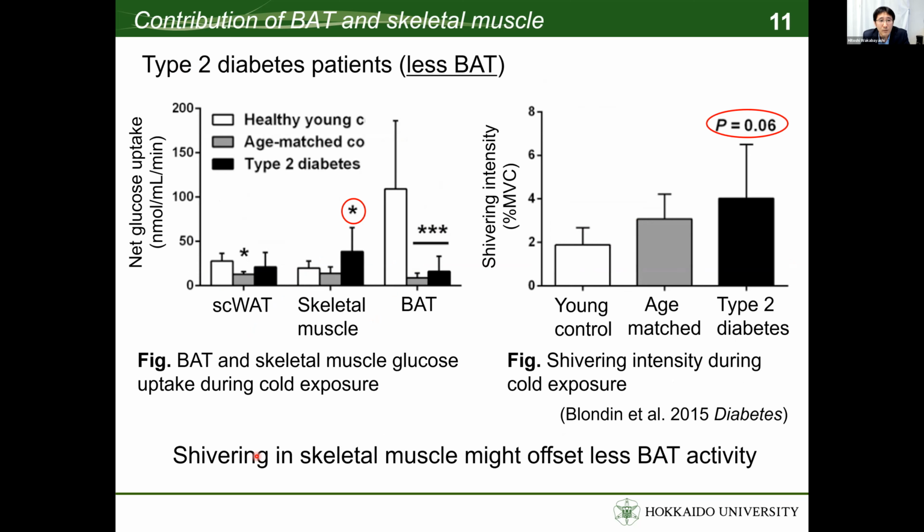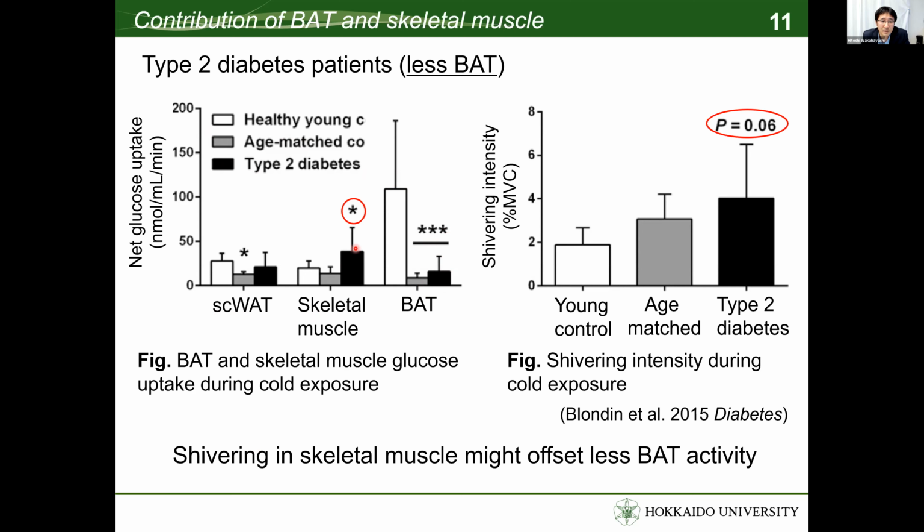Additionally, they focused on the type 2 diabetes patients who have a less amount of brown adipose tissue. The left figure shows the net glucose uptake to subcutaneous fat, skeletal muscle, and brown adipose tissue. And type 2 diabetes patients show less glucose uptake into the brown adipose tissue compared to the healthy young control.